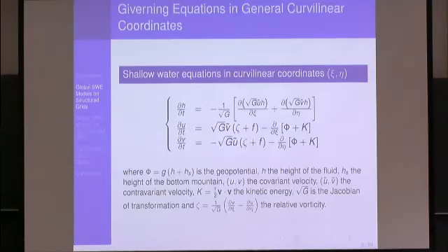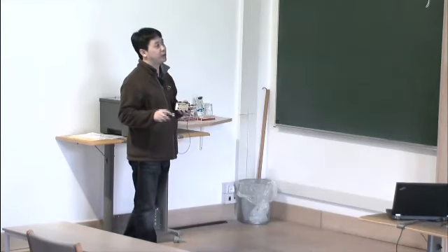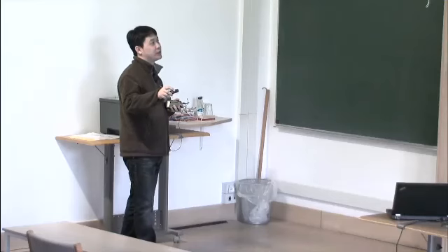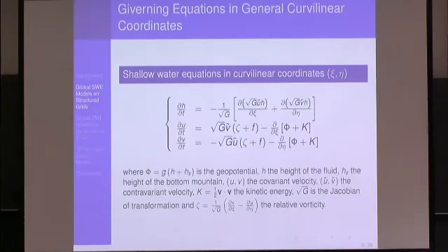So here is the general form of the shallow water equations. It works on both the cubic sphere grid and the Yin-Yang grid, but with a different metric tensor G. The dependent variables, or the prognostic variables, here are the water depth and u, v, which are components of the covariant velocity.